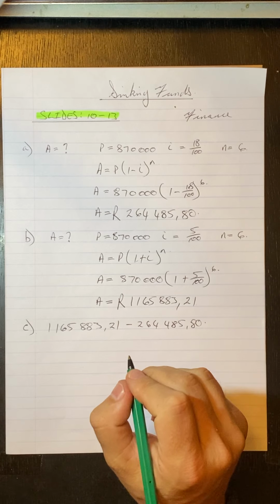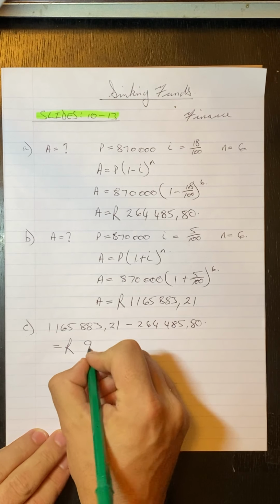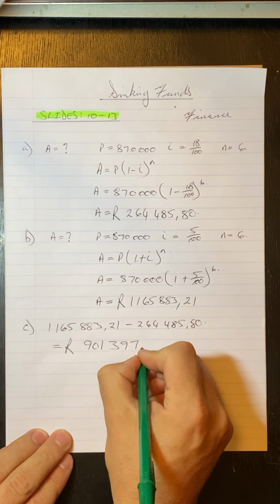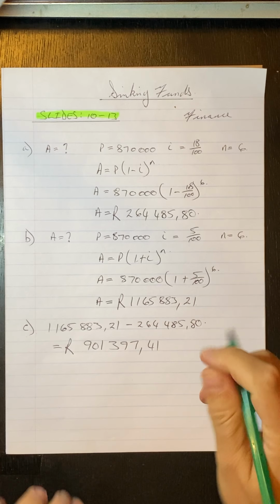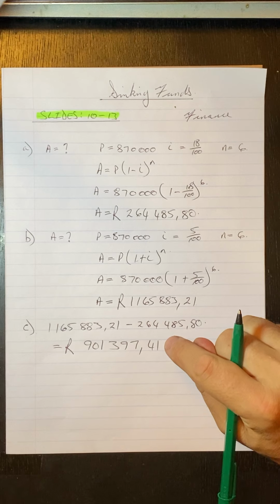If we put that on the calculator, we will get 901,397 Rand and 41 cents. So this is the extra money that this company needs to pay in.